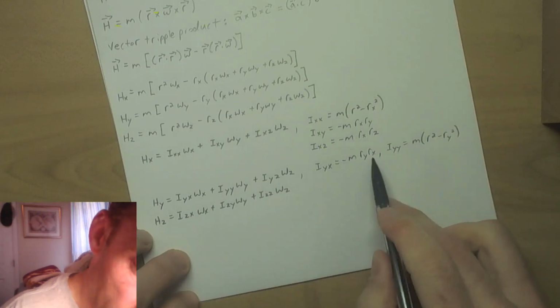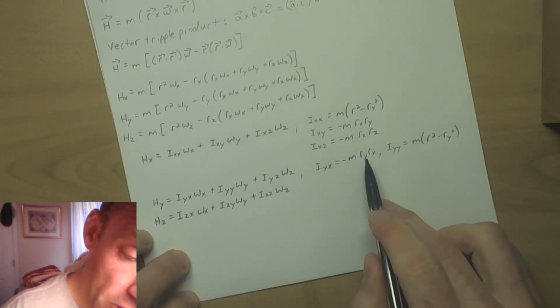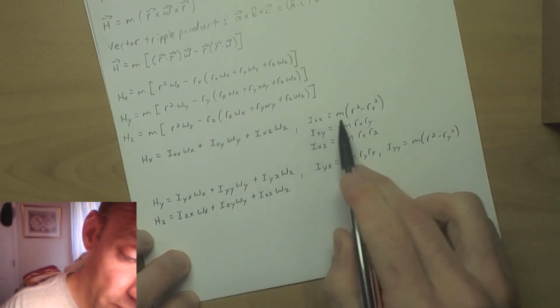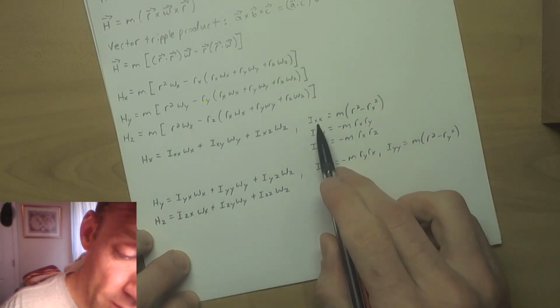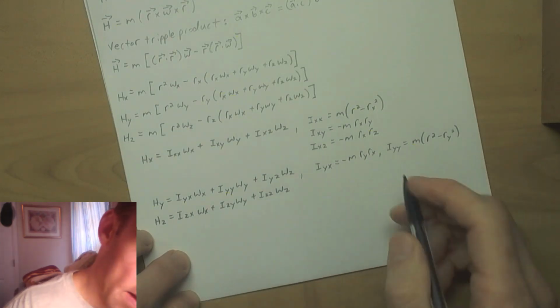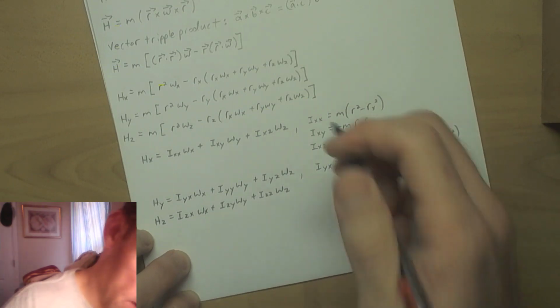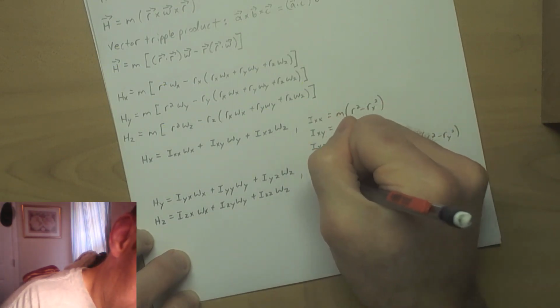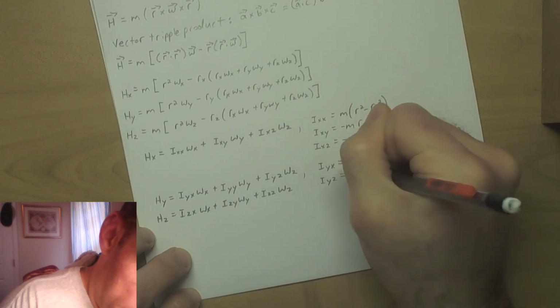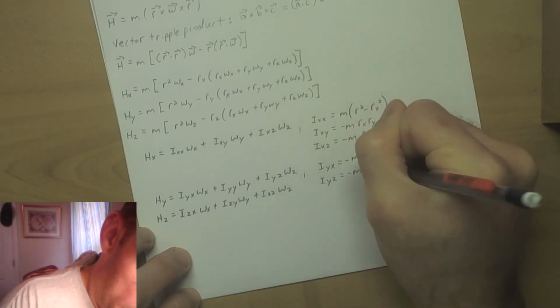These are called products of inertia, and then these would be called the moments of inertia about the x-axis, the y-axis, and the z-axis when we get to it.